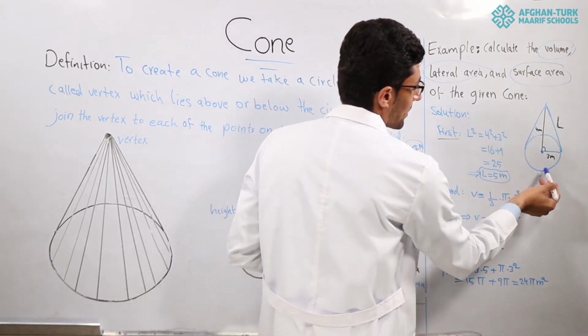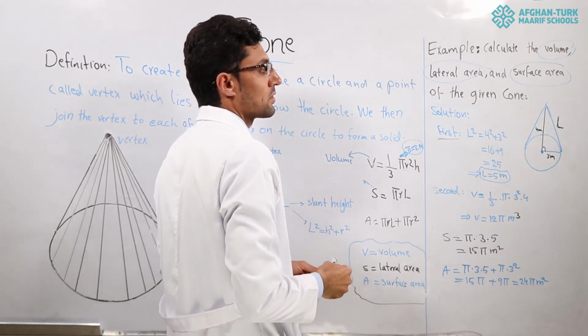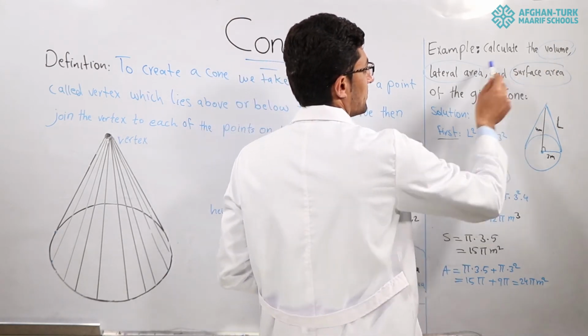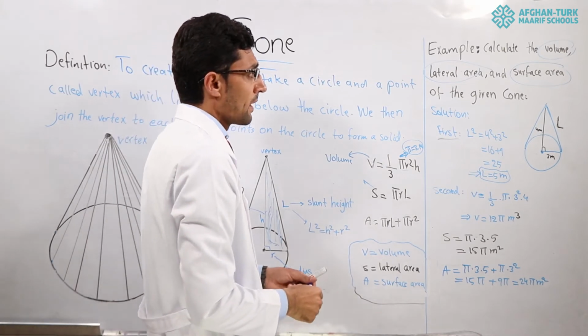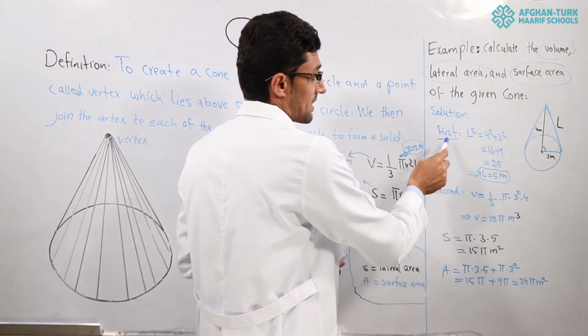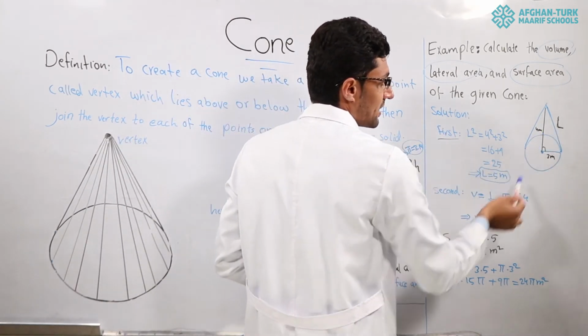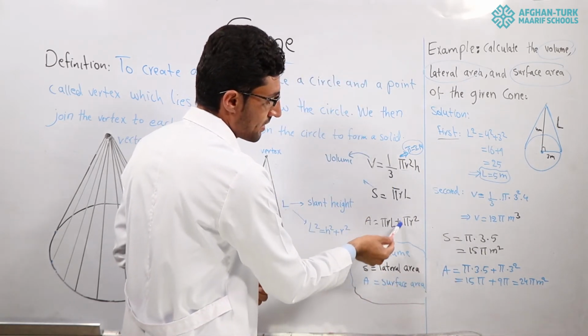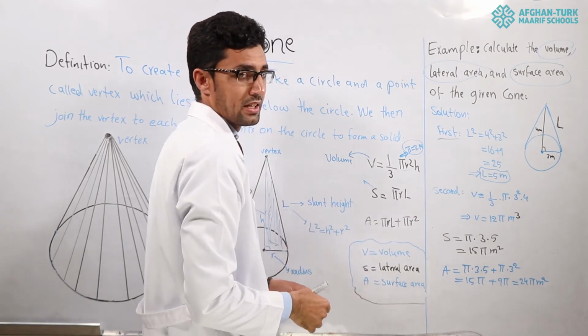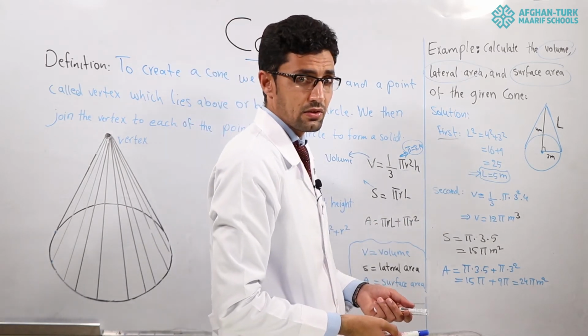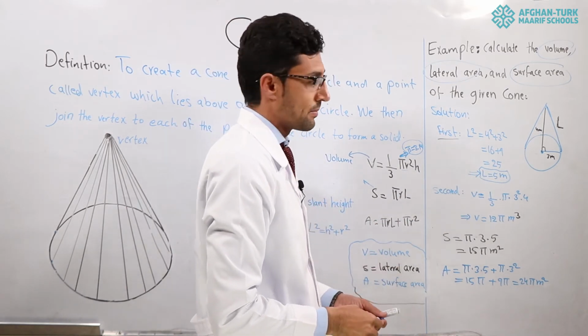Here we have a cone for which we are going to calculate volume, lateral area, and surface area. Solution. First, because L is not clear and we need L in our formula, what should we do? We have to find L. How do we find L? Yeah, the Pythagorean theorem.